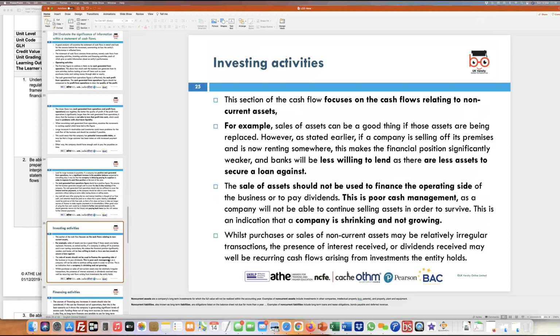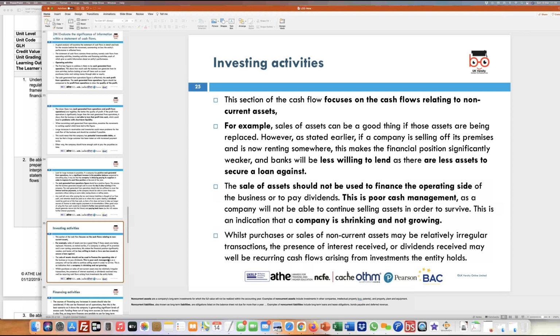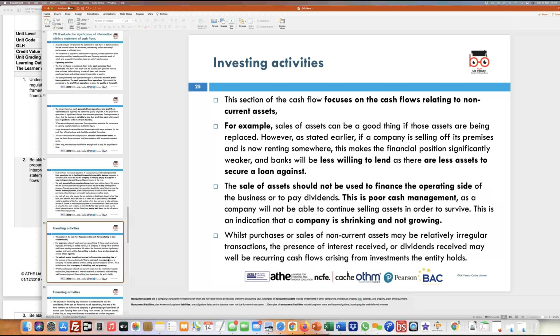We look at certain key points that come out of investing activities when we look at the cash flow statement. Here you're looking at non-current assets, which tend to be anything the company has purchased in terms of equipment, or a long-term investment such as taking up new premises.